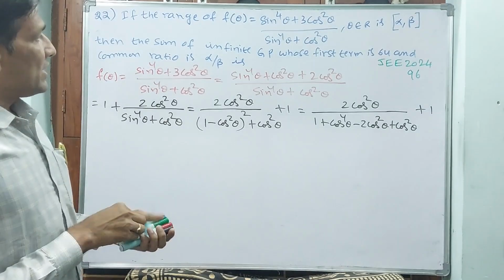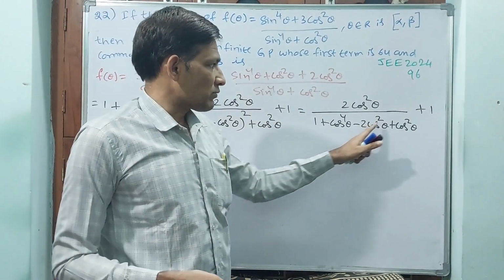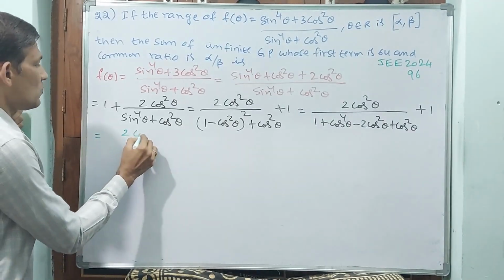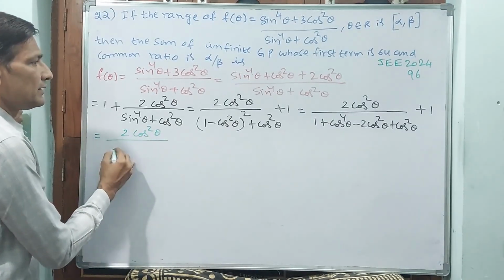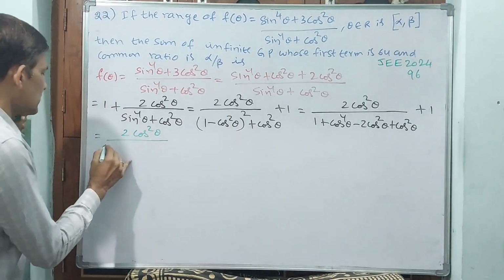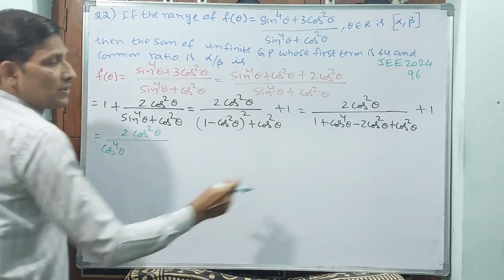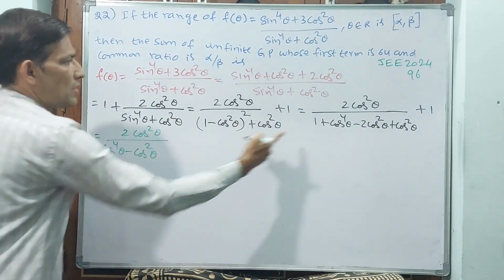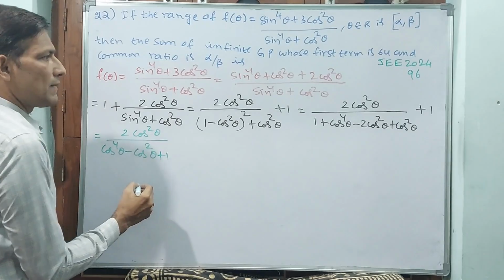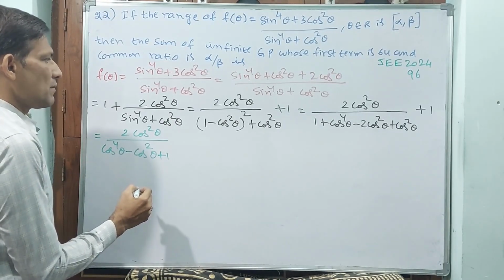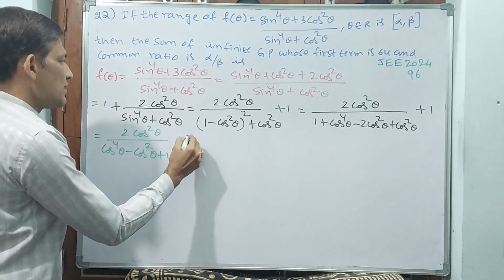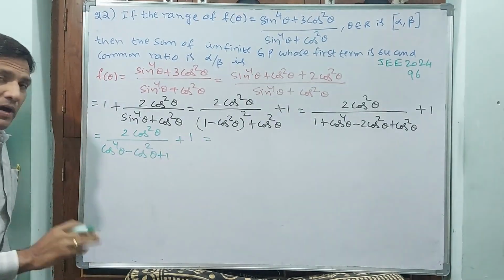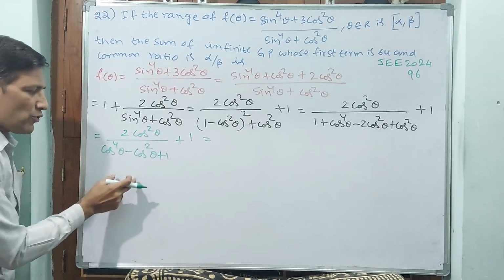Now see here what will happen. Minus 2cos²θ plus cos²θ. That is equal to, see, 2cos²θ by cos⁴θ first you write, minus 2 plus 1 minus cos²θ plus 1. Plus 1 again here plus 1. Now the crucial step: only this cos square theta I am going to send to the denominator.